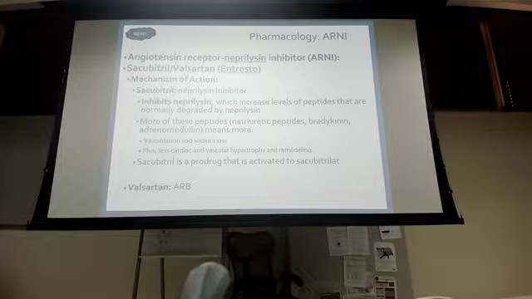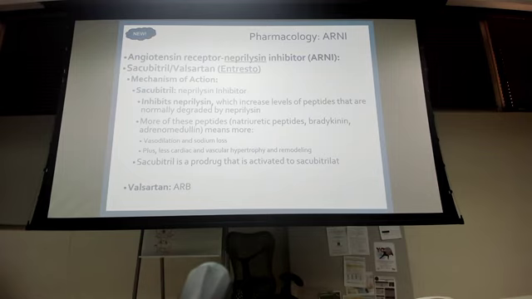I'm sure you've all seen hundreds of commercials while watching football. Seems like the Entresto commercial comes on all the time, but that's all it is. It's two generic medications, an ARB and then a neprilysin inhibitor. That's what the sacubitril does, inhibits neprilysin. And then obviously valsartan is the ARB.